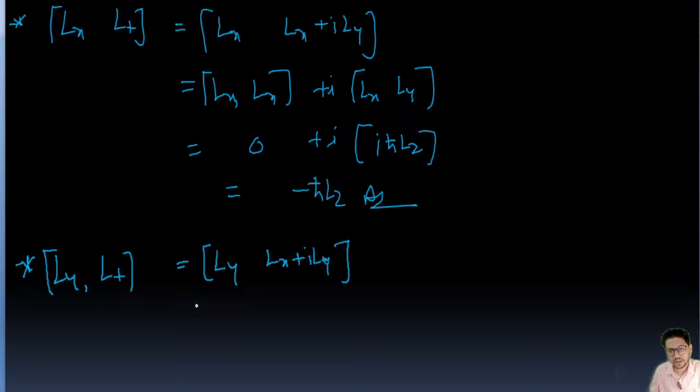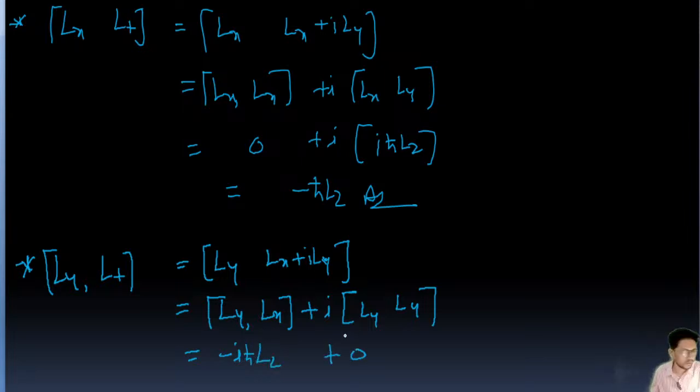So this is going to be Ly Lx commutation plus iota Ly Ly. This value is going to be 0, and this value Ly Lx is in reverse order, right? So this is going to be minus iota h cut Lz. This is 0, so the answer is minus iota h cut Lz.